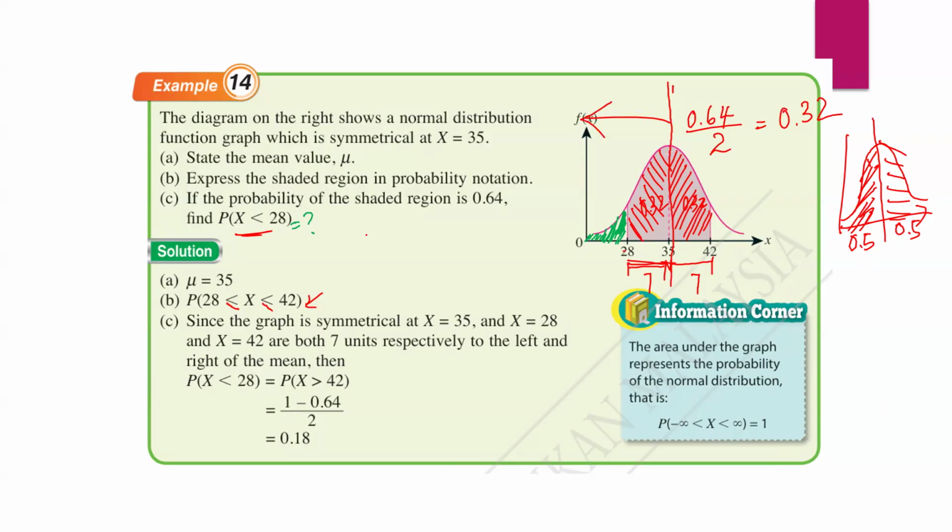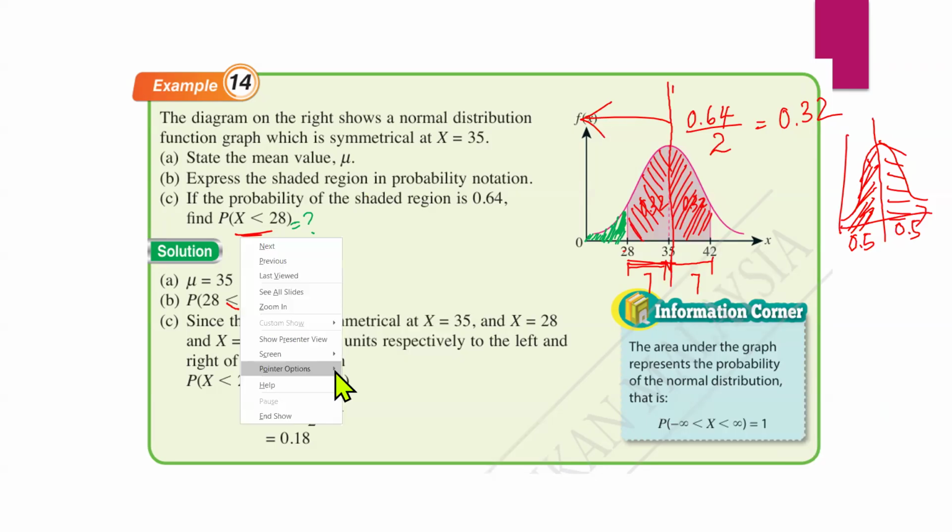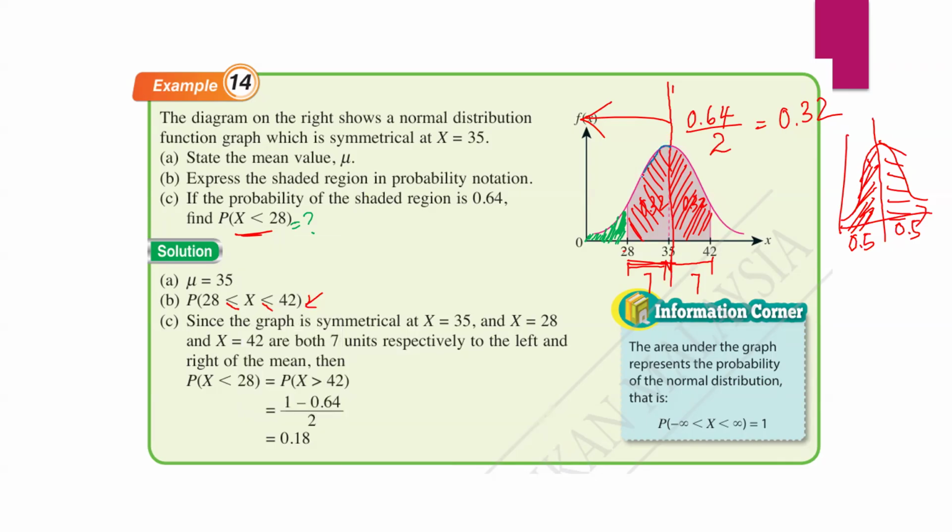So the total probability under the green line, sorry, this is the blue line, the total area under the blue line is 0.5.